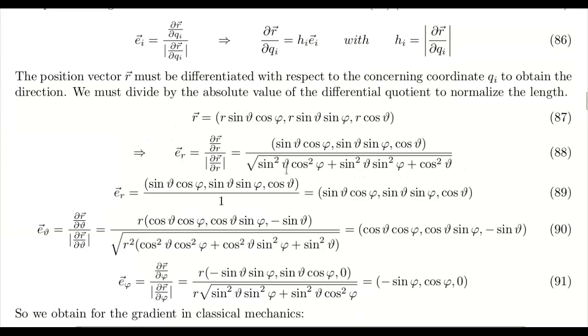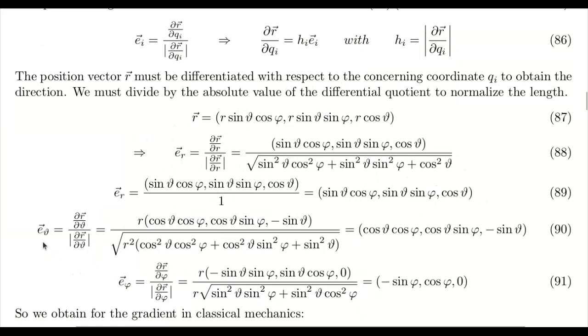So in the first two addends we can factor out a sine square theta. That means we have cosine square phi and sine square phi. That is 1. And then sine square theta and cosine square theta is 1. And the square root of 1 is 1. So we have only 1 here in the denominator. That means the e_r vector here is given by this expression.